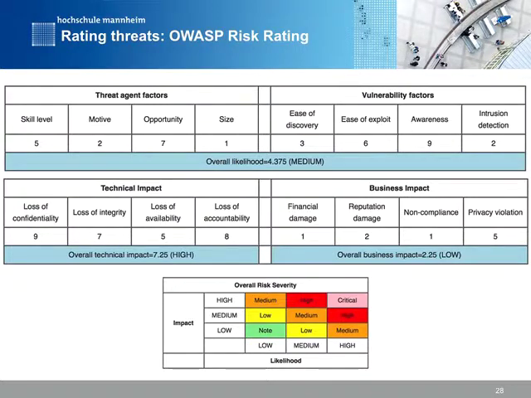So, what I would like you to start now is to work on an architectural overview. Create one picture, an architectural overview of the components of your system. Identify the trust boundaries.